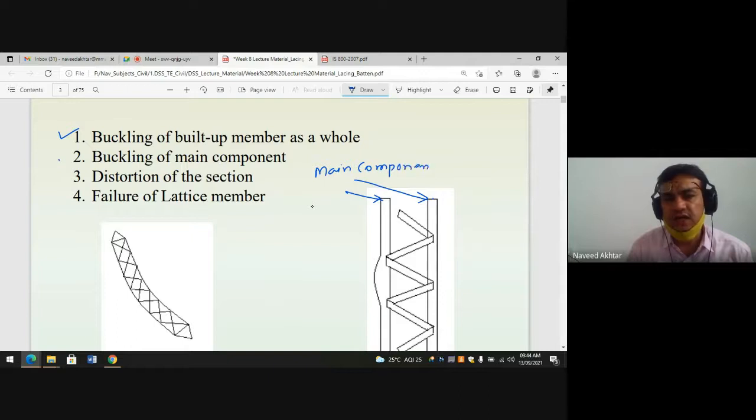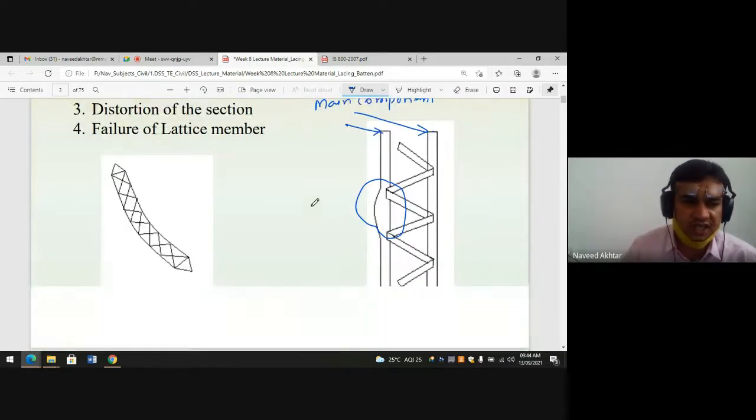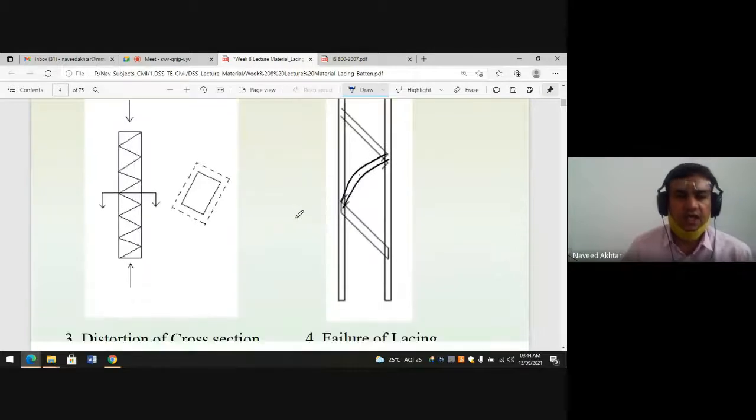In the lacing system, buckling of the main component means that only one side of the column may buckle. That type of failure will happen. Then the third one is the distortion of the section, which happens due to welding, fabrication, or uneven load.